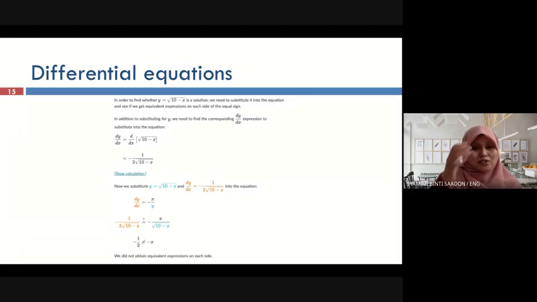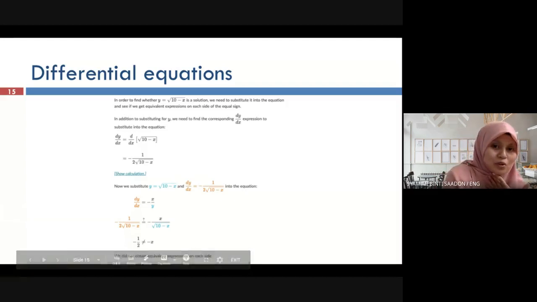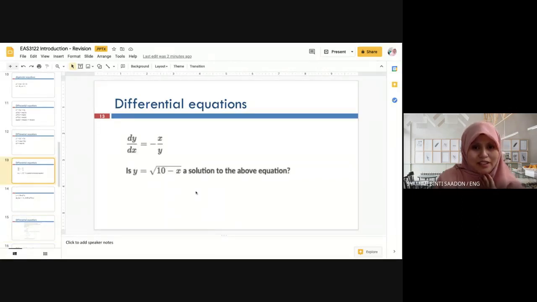If we substitute y into the dy/dx equation just now, the left and right sides will not be the same. Minus 1/2 is not the same as minus x. So the question just now, is y equals the square root of 10 minus x a solution to the above equation, the answer is false.